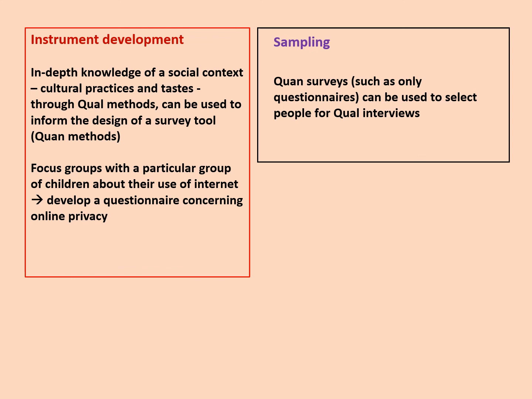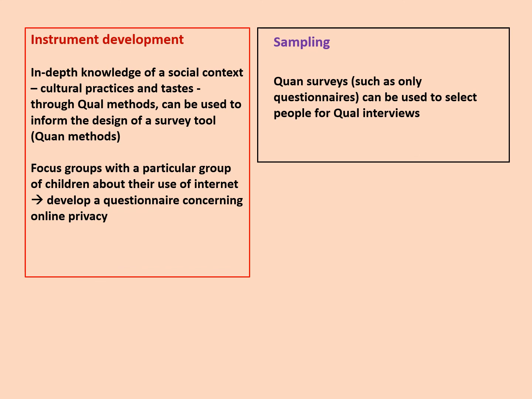For instance, we can organize a focus group or many focus groups with children, and in the focus group, which is a qualitative method, try to understand better which kind of questions we should be asking in a survey.